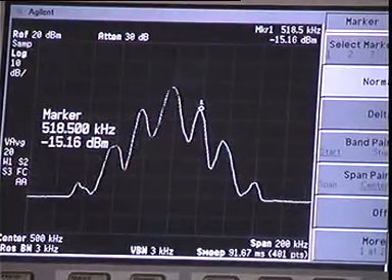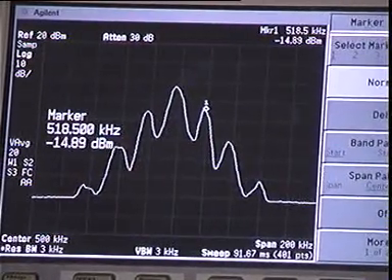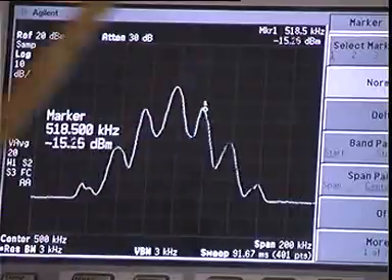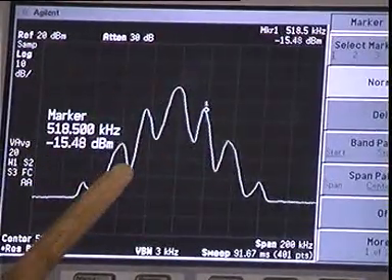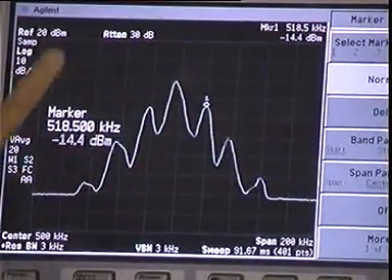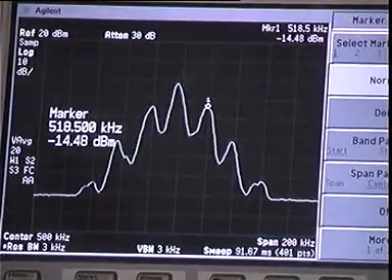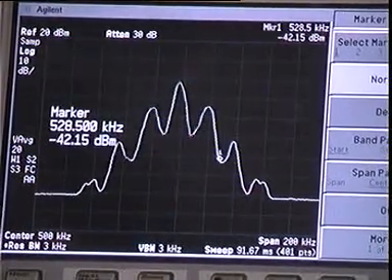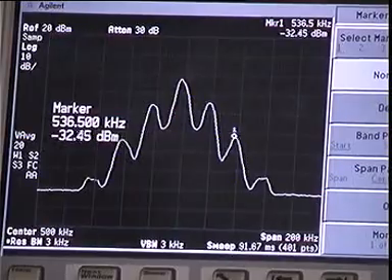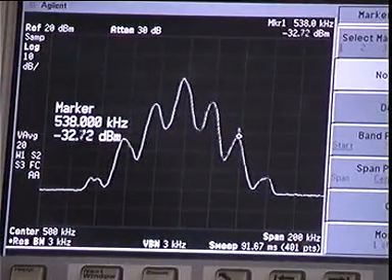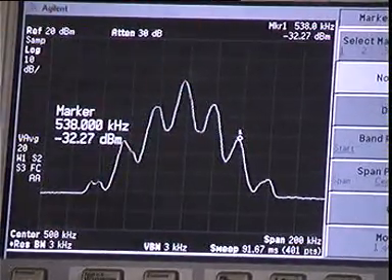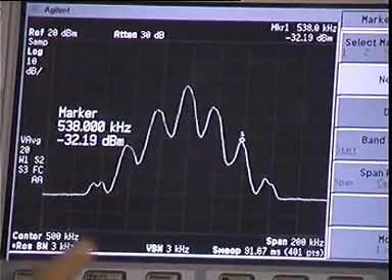That's about 518 kilohertz. The second peak would come at another 20 kilohertz separation. So this will be 538 kilohertz. The third one would be 558 kilohertz.